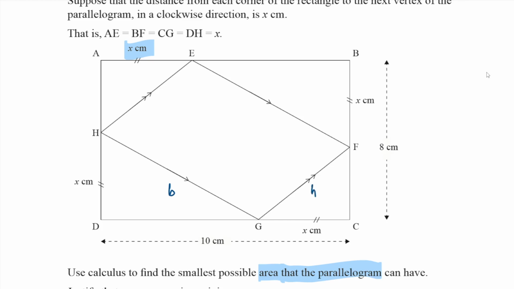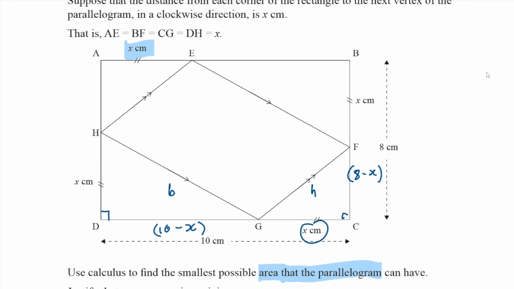And you could express base and height in terms of x using Pythagoras, because they're both the hypotenuse. And you have x, and you have 8 minus x. And here you have x, here you have 10 minus x. Absolutely, so you could use Pythagoras.